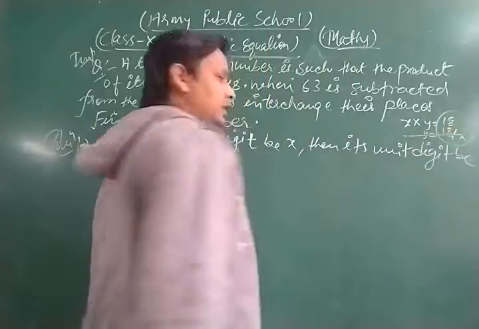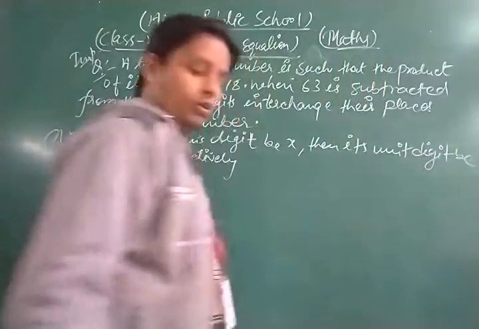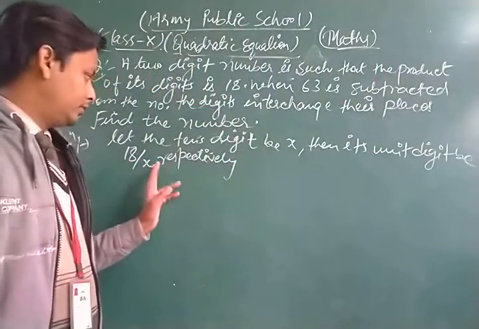Okay, so according to that concept, now let the tens digit be x, then its unit digit be 18 upon x.